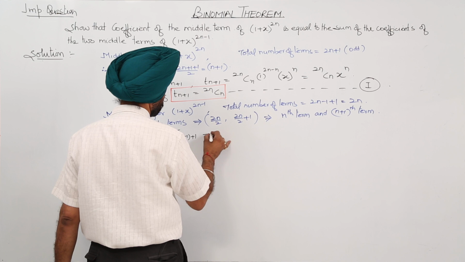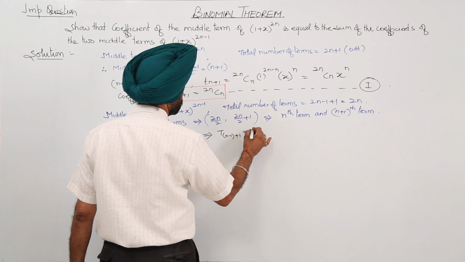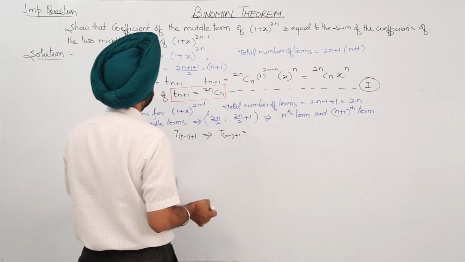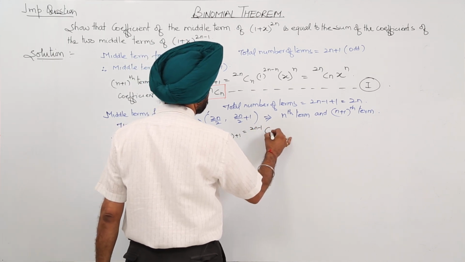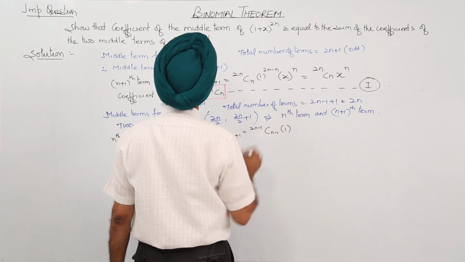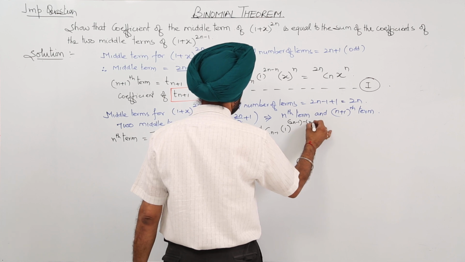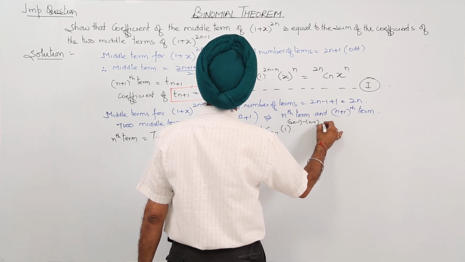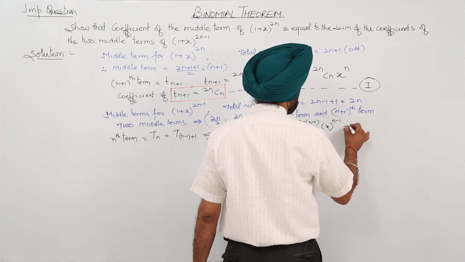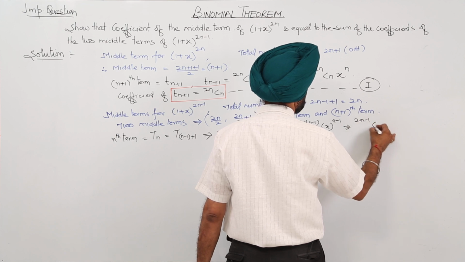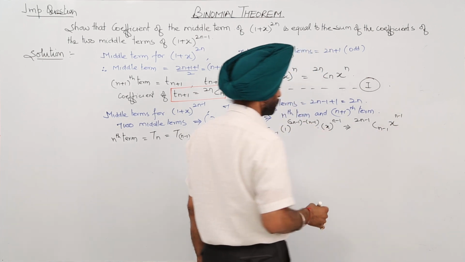Now T((n-1)+1) is equal to, we have to find for this expression, 2n - 1 C n - 1 with 1 raised to power (2n - 1) - (n - 1) with x raised to power n - 1. Now this is equal to 2n - 1 C n - 1 x^(n-1).